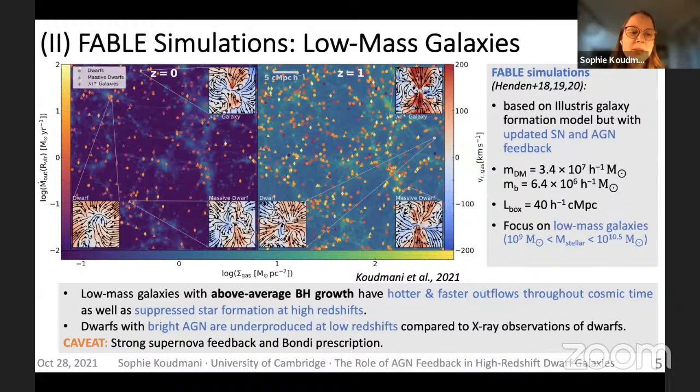So this points to an important caveat when using off-the-shelf cosmological simulations to study AGN feedback in dwarf galaxies, which is that most cosmological simulations have been tuned so that supernova feedback is able to regulate star formation at the low mass end. And another important caveat is the Bondi prescription, which I'll go into more detail later.